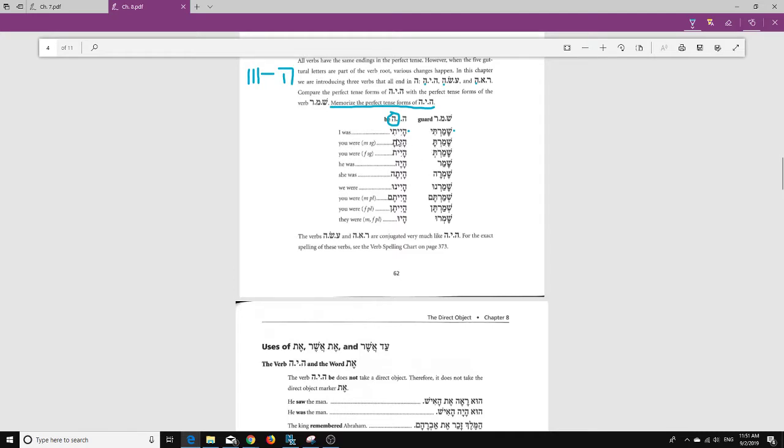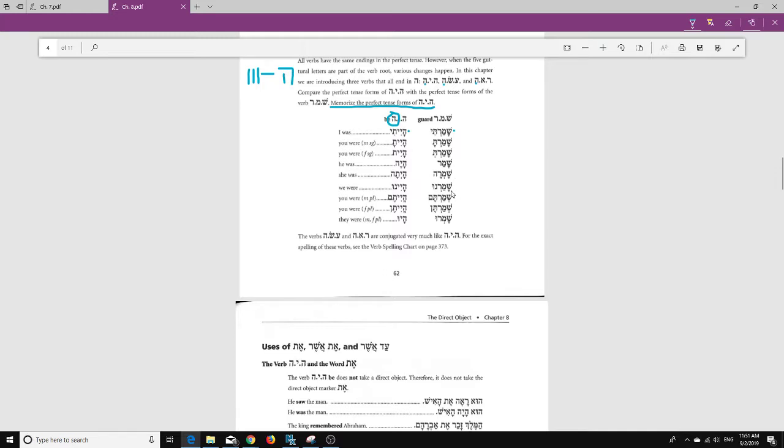Again, that third hey has dropped out. Shamart, hayit. No third hey. Shamar, haya. Here we have one that has it. Shamra, haita. Notice that the third hey did drop out, but it was replaced by this tav. Haita.